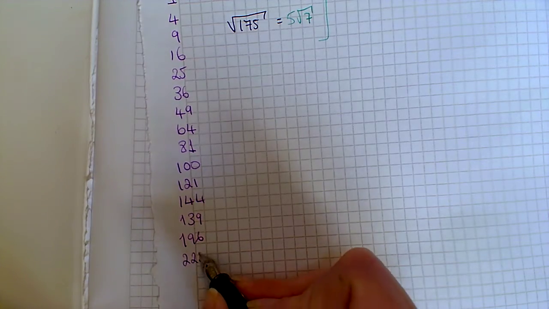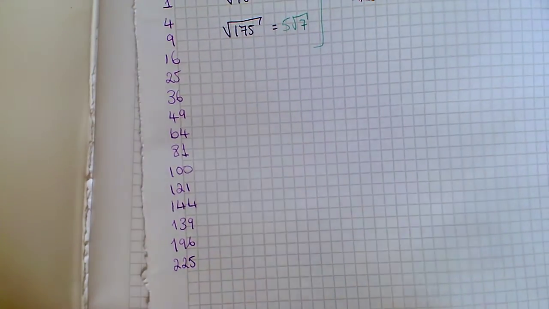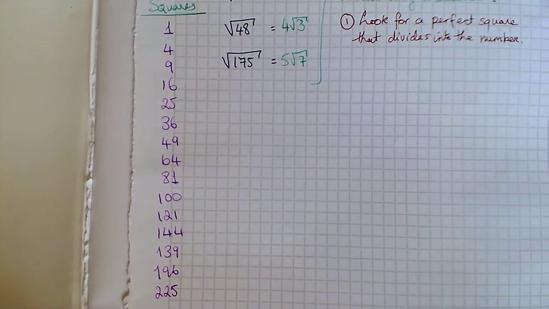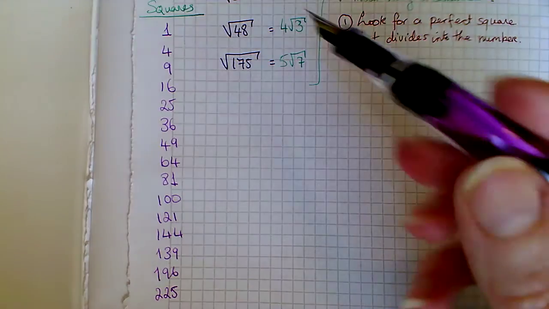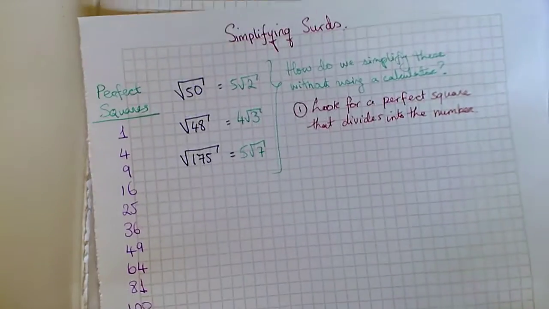I get a bit shaky myself towards the end ones there. So those are the first 15 perfect squares. If you know those, you'll be able to recognize fairly quickly how to simplify these types of questions.